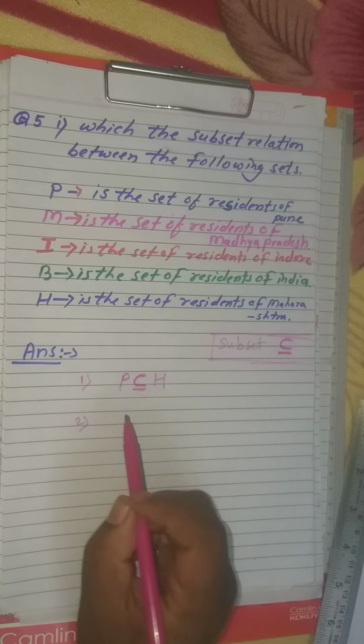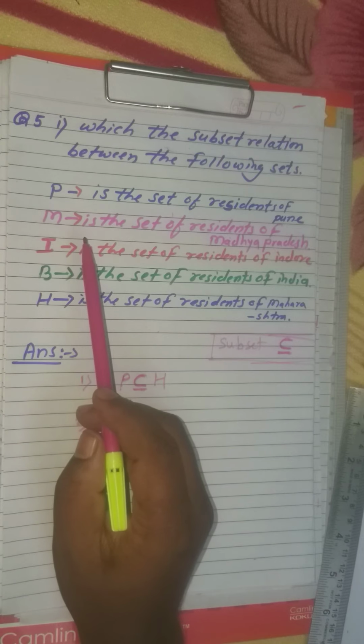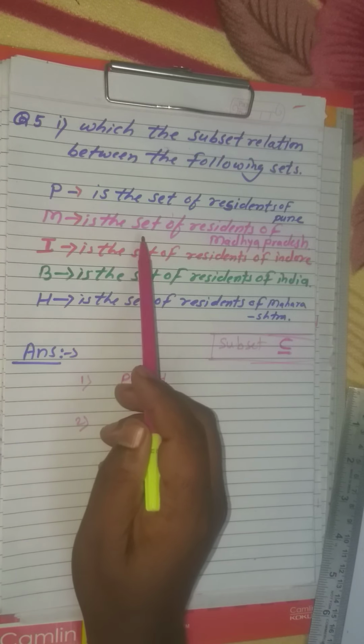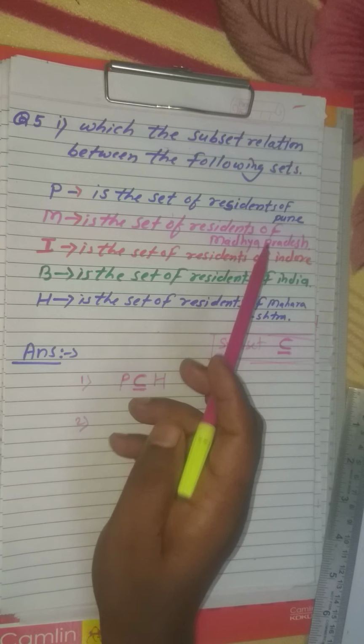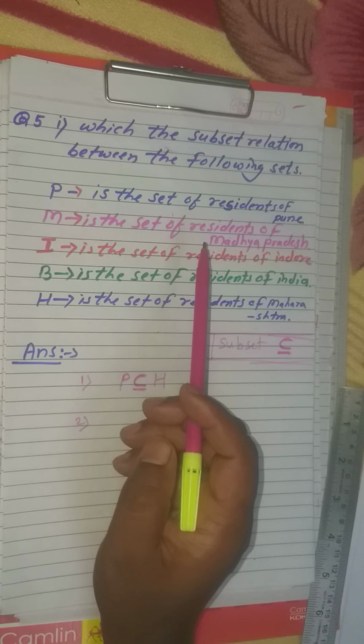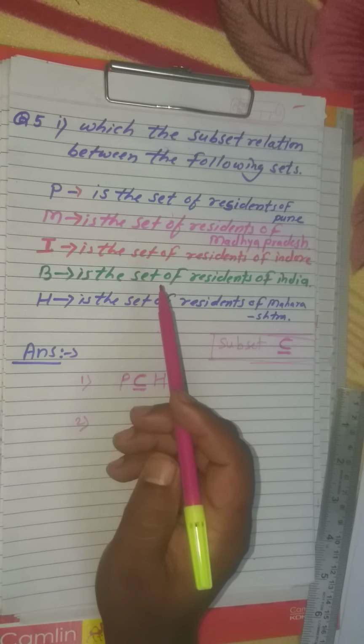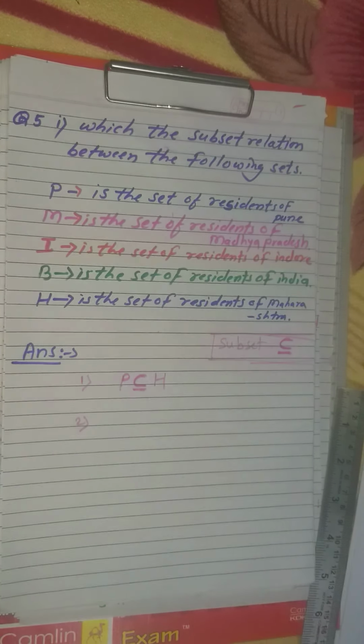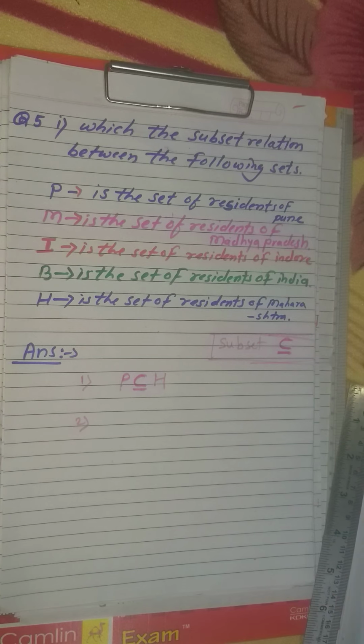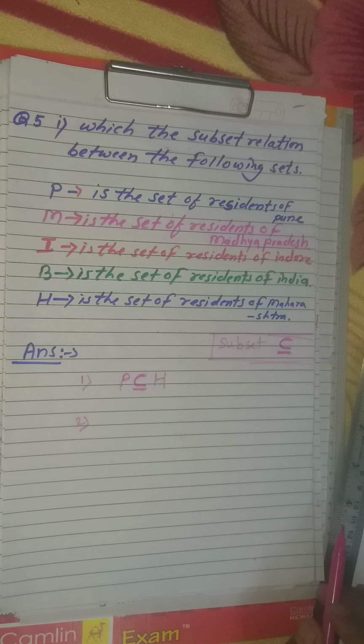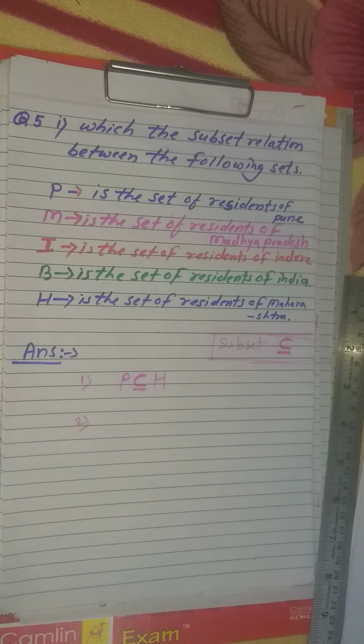Now the second statement: M is the set of residents of Madhya Pradesh. All of us should know that Madhya Pradesh and Indore are two names related to each other. Indore city is present inside Madhya Pradesh.